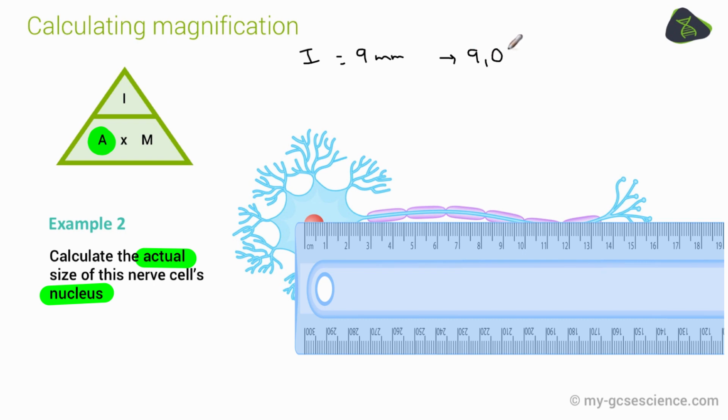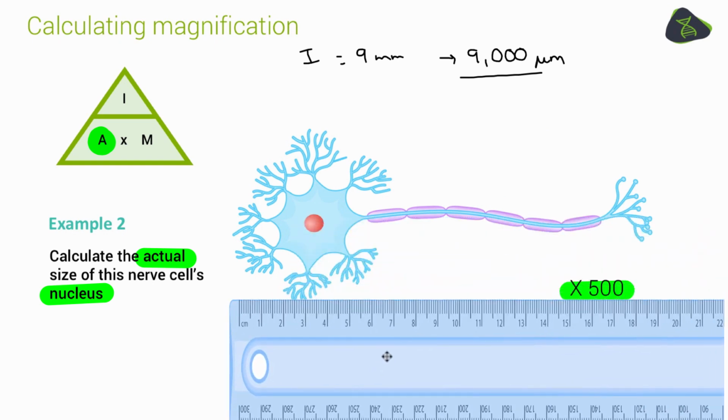So we times it by 1,000 to turn millimeters into micrometers. So we have got the image size over the magnification, which is times 500. And you do the maths and you get 18 micrometers. So the diameter of this nucleus is 18 micrometers.